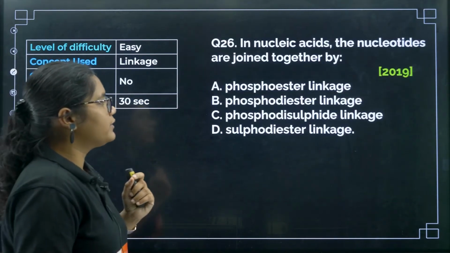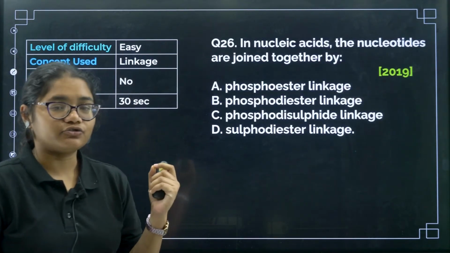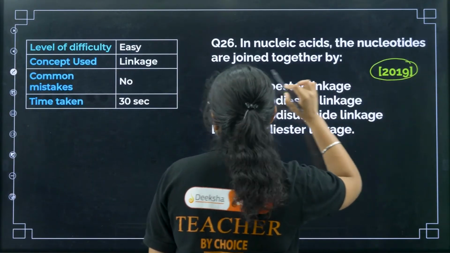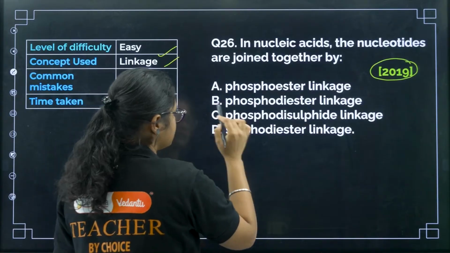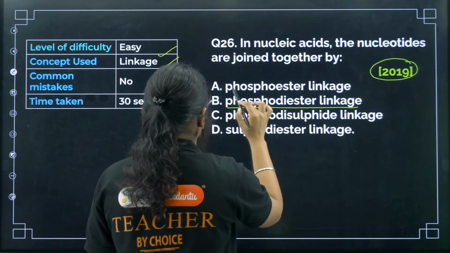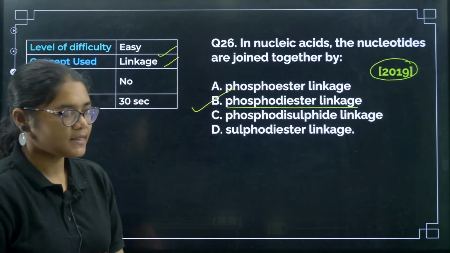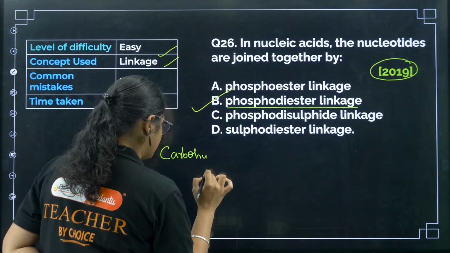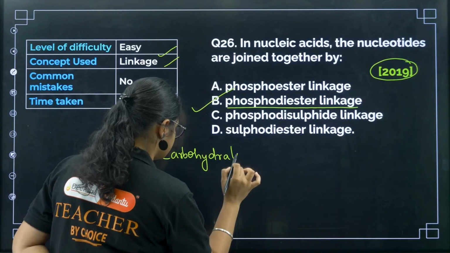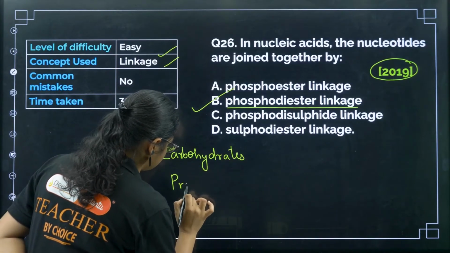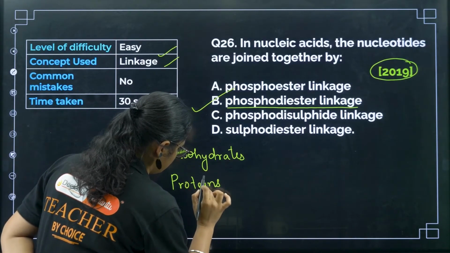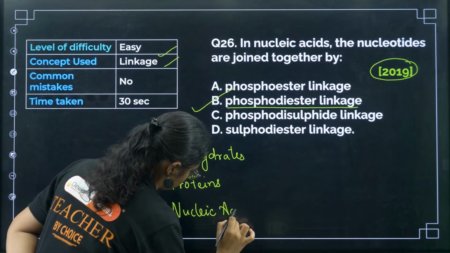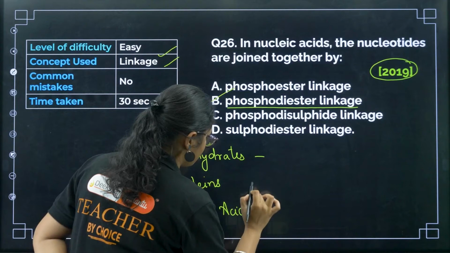Next question, in nucleic acids the nucleotides are joined together by. So here it is 2019 question, very easy fundamental linkage based question. It is by phosphodiester linkage, that is option number B. Here I want to repeat, you should remember this, that in carbohydrates, in proteins and in nucleic acids, okay, so what are the bonds present?